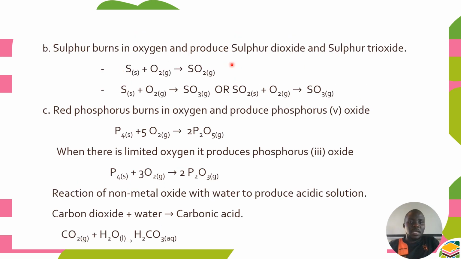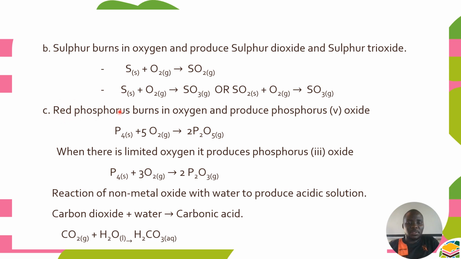Sulfur burns in oxygen and produces sulfur dioxide and sulfur trioxide. As the equation stipulates, we have sulfur plus oxygen producing sulfur dioxide, and sulfur plus oxygen producing sulfur trioxide. The same applies: if this dissolves in water, it forms an acidic solution. Red phosphorus burns in oxygen. Now we are going to be puzzled here.